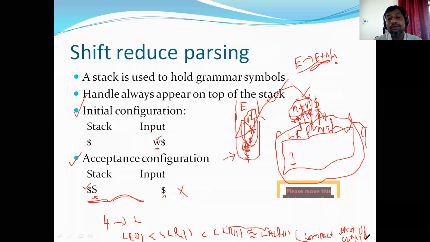We'll have fewer steps in LALR1 when compared to CLR1. As far as the power is concerned, both can parse almost all context free grammars, but when it comes to the size of the parsing table, usually the LALR1 parsing table has fewer states when compared to its corresponding CLR1 parsing table.